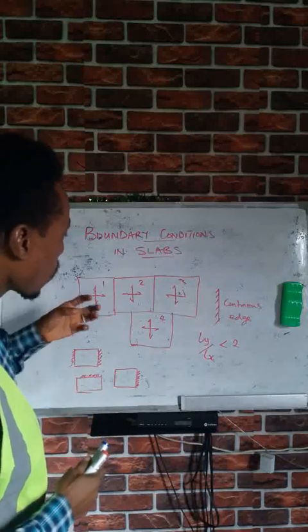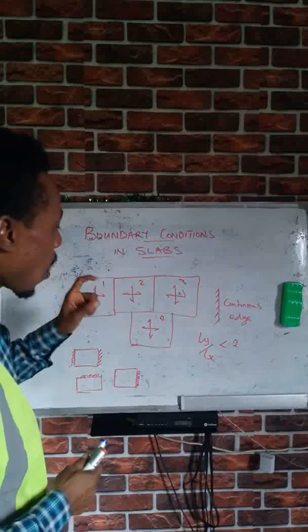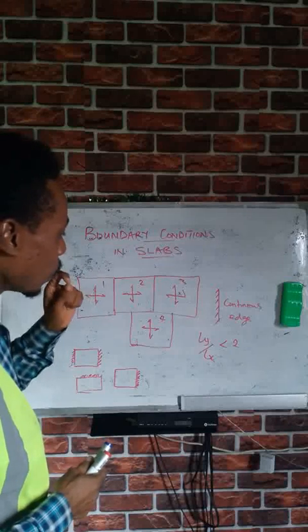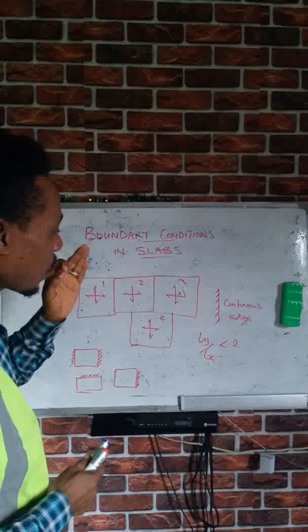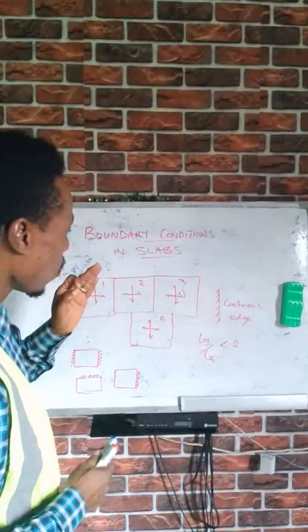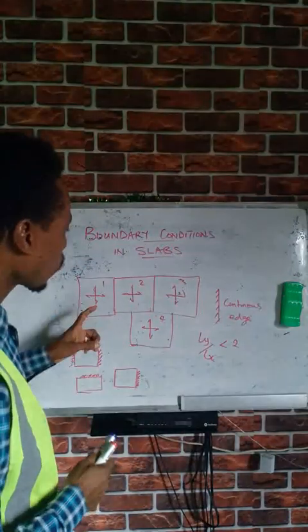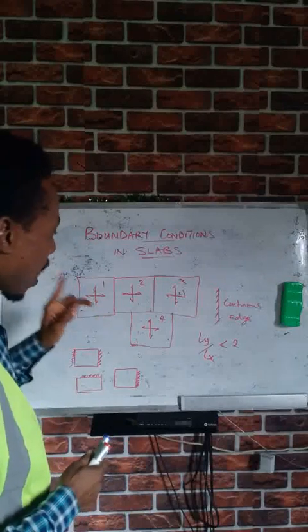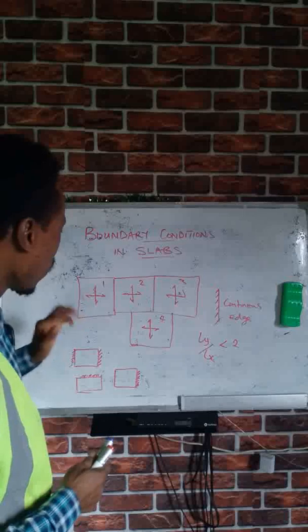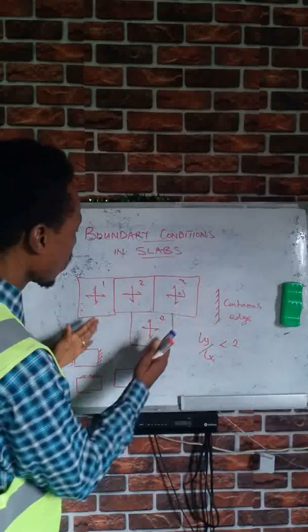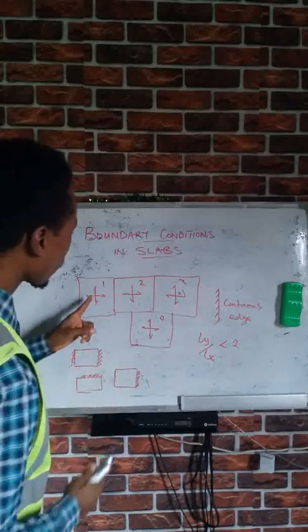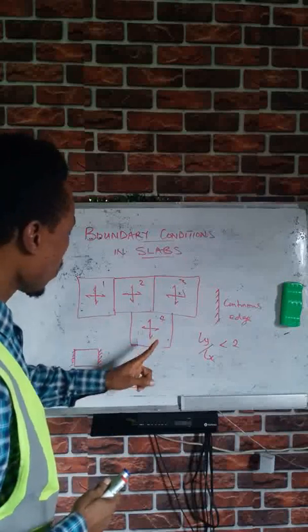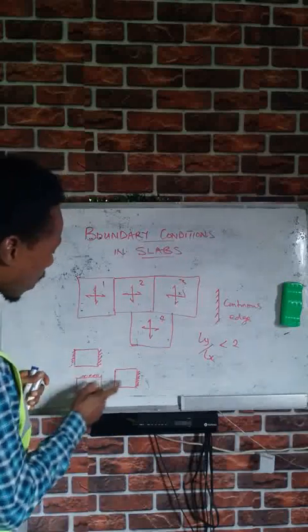For us to obtain our moment values, for positive and negative moments, from the coefficient table, we must understand the boundary conditions of our slab panels. In this case, we have panel 1, panel 2, panel 3, panel 4, and you have to look at their boundary conditions.